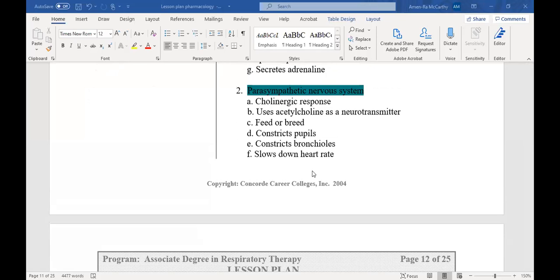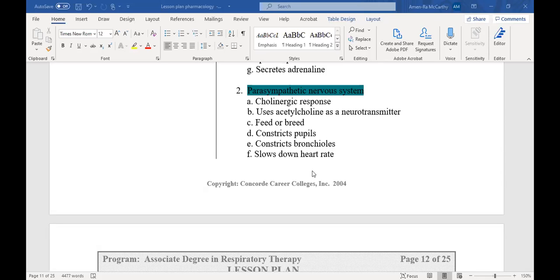We have either the agonist or the antagonist, right? An agonist is a drug that goes to the site and causes a reaction. An antagonist is a drug that blocks the effect of something, so it refuses to give a response. It goes to that receptor and just stands there and blocks it, right? That's an antagonist.